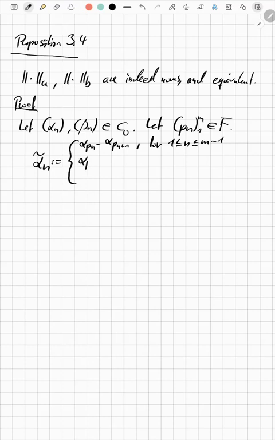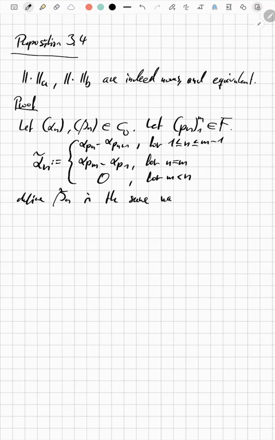We define it to be alpha_{p_m} minus alpha_{p_1} for n equal to m, and 0 for n bigger than m. Okay, and we define beta tilde_n in the same way. Why do we do this? We do this to use the properties of the 2-norm from L2 to prove the triangle inequality for the A norm.